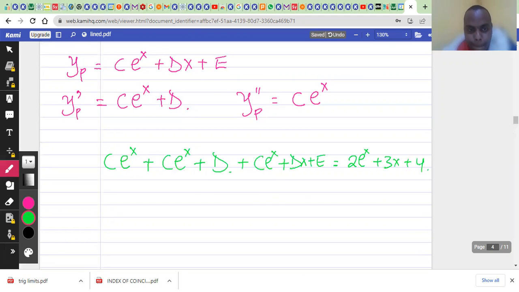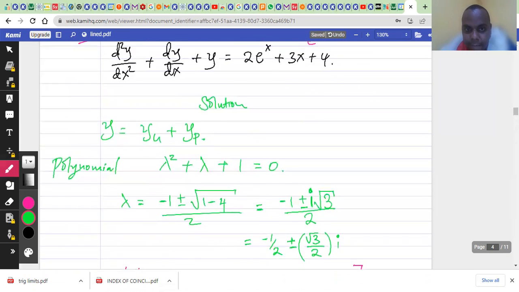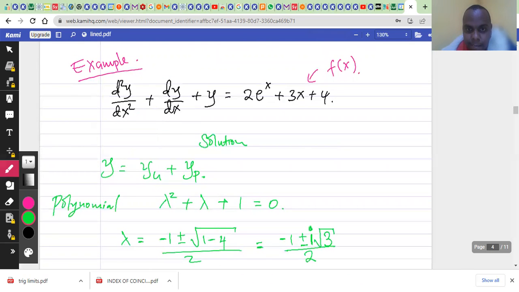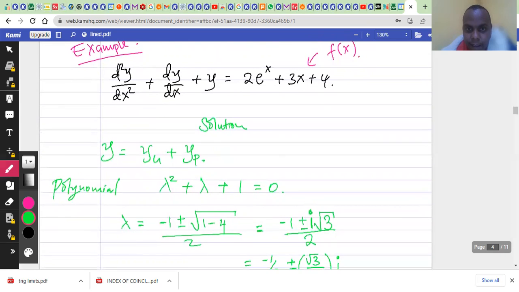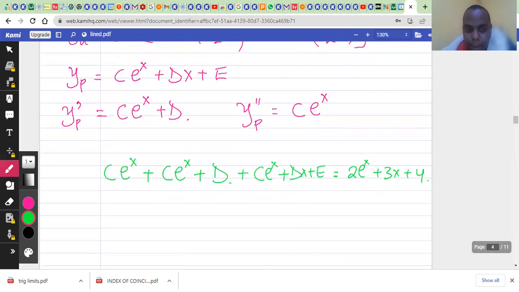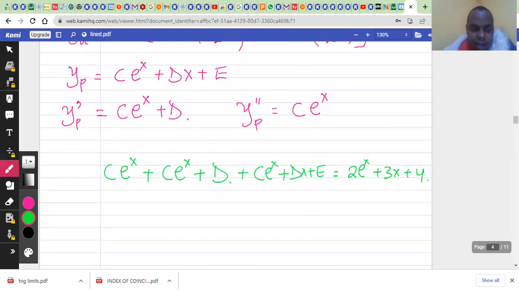Can we confirm that: 2e^x plus 3x plus 4. So we simplify our left side.